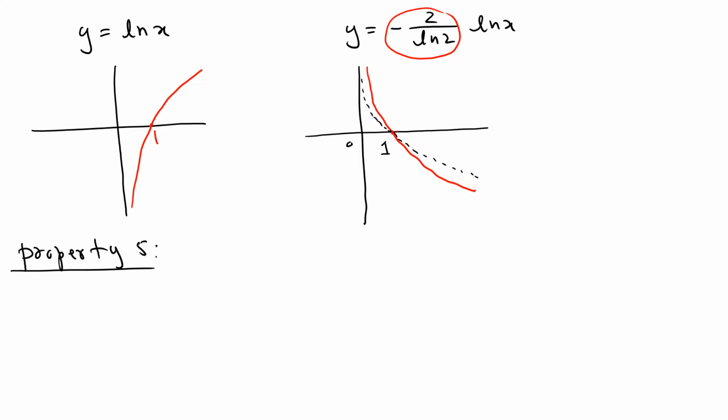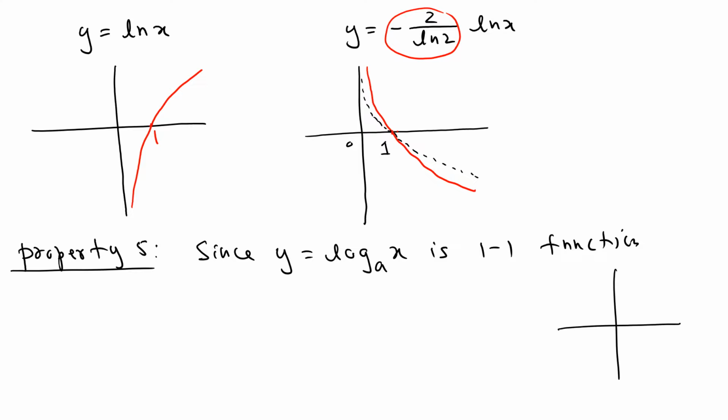So we know that, since y equals log base a of x is a one-to-one function, something interesting happens. One-to-one means that if you give one y value, there's one x value.